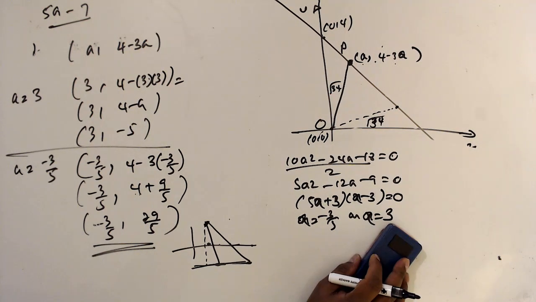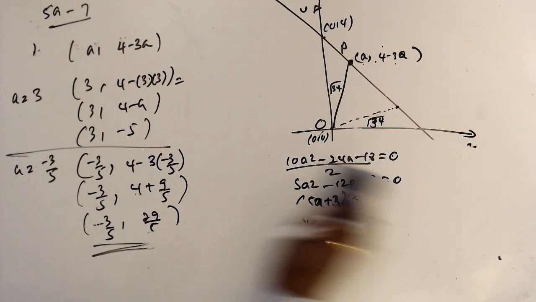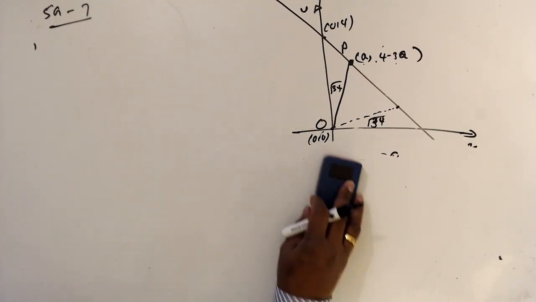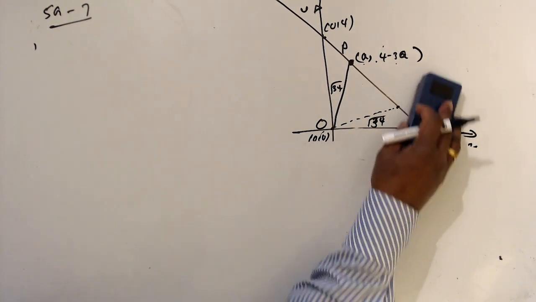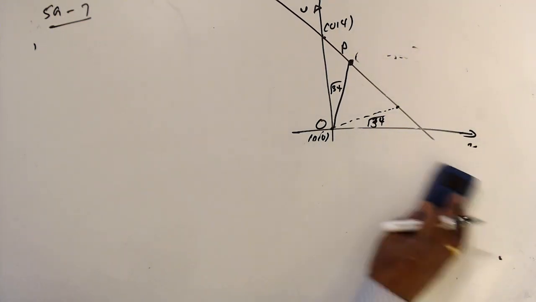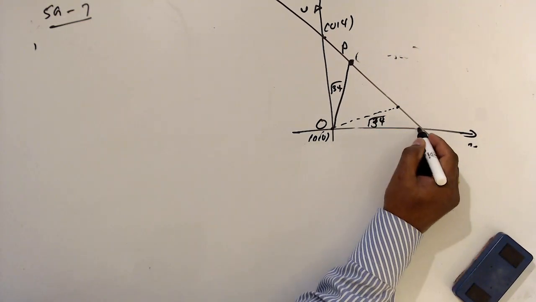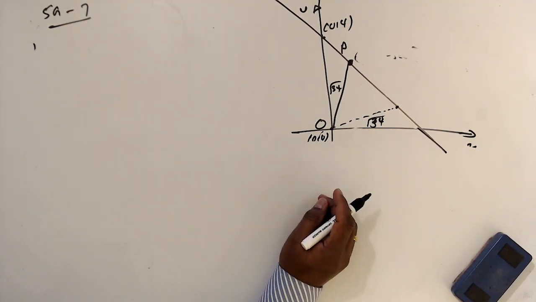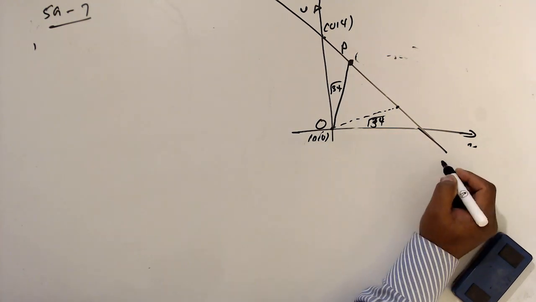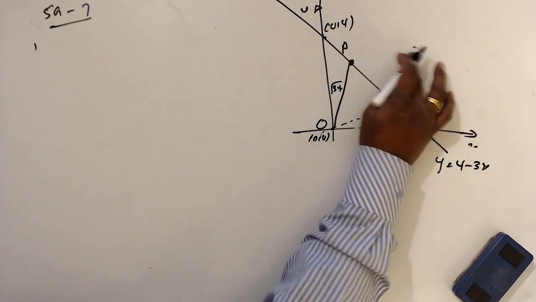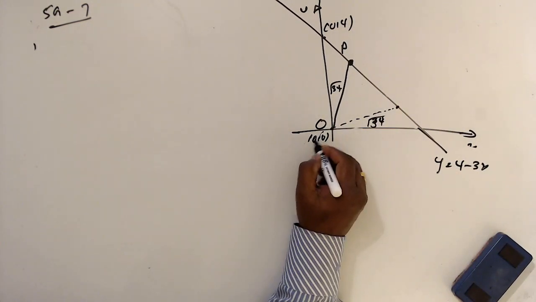The same sum we can work a bit differently, still getting the same answer. This is y equal 4 minus 3x, and this is the setup as usual again.